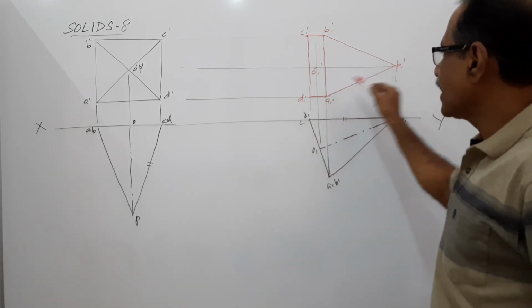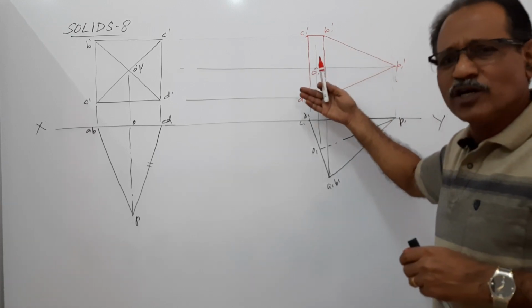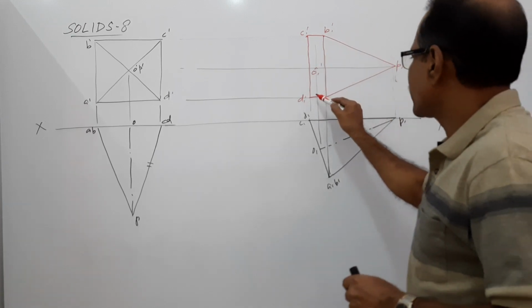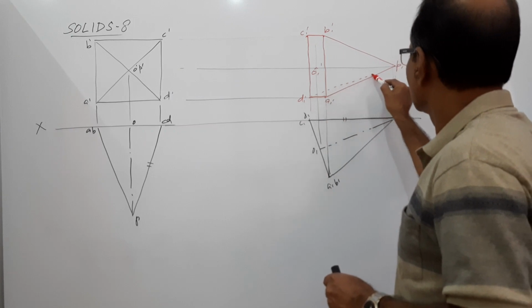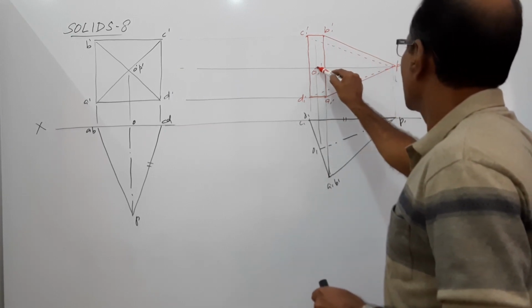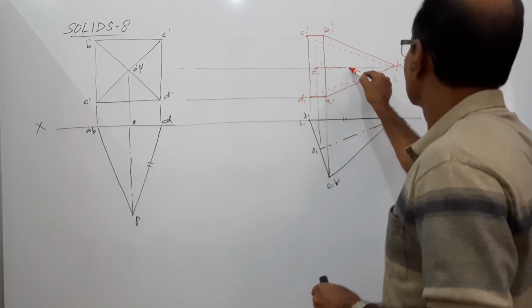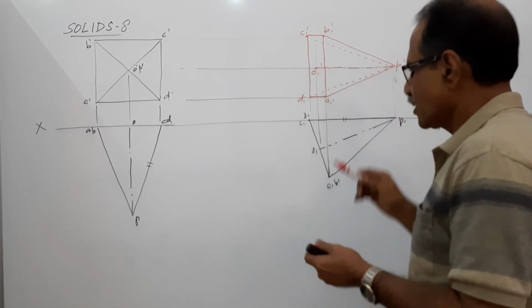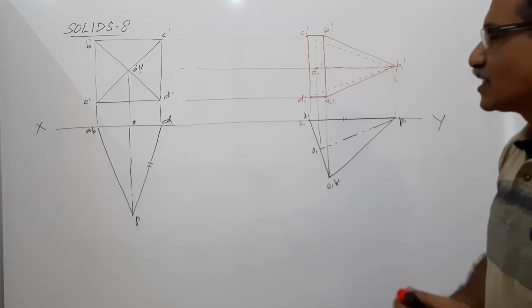CP and DP which are lying on VP will not be visible, so dotted. Axis, chain line. So how is the pyramid?